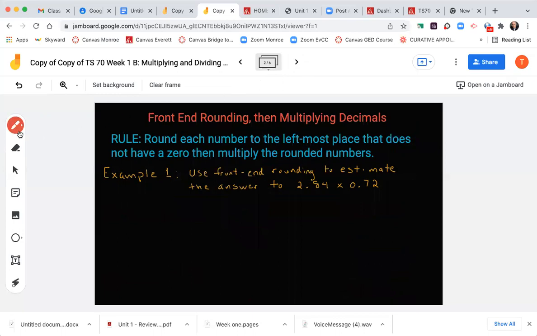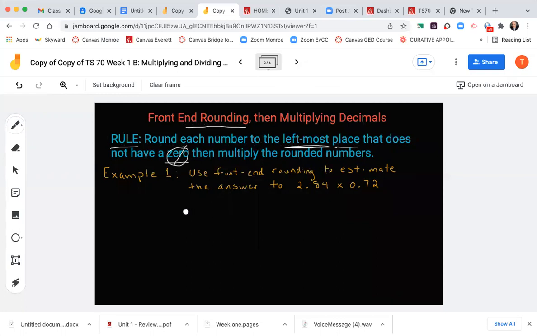This word front end means you're picking the number at the very front end of the number, and then multiplying decimals. Here's the rule: you round each number to the leftmost place that does not have a 0. It cannot be a 0. Then multiply the rounded numbers.